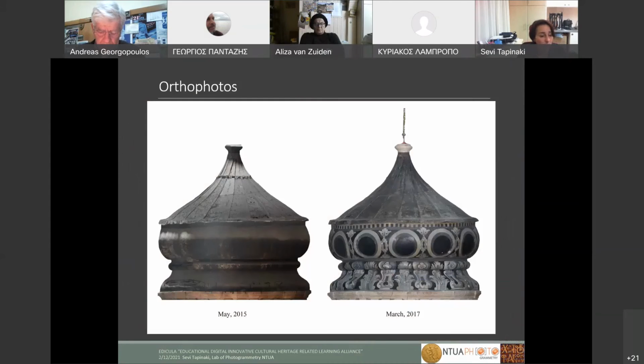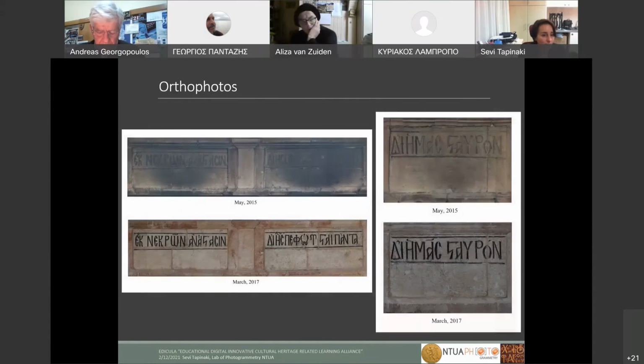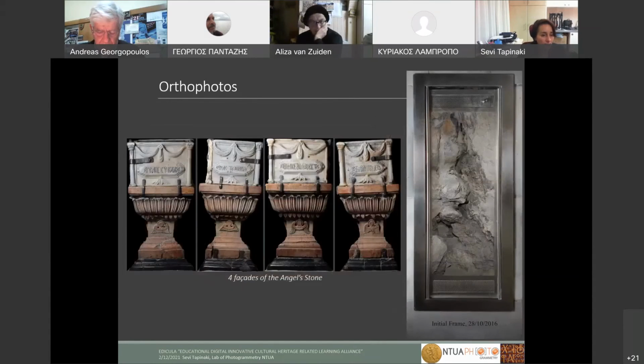Orthophotos of details: we can see here the major difference between the initial and the final state. And here we see the four facades of the Angel's Stone in the Angel's Chapel, and the frame that was placed in the tomb chamber, and the pilgrims now can see the holy rock from it.